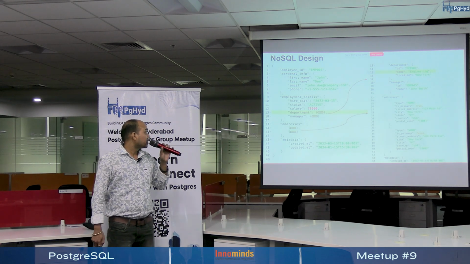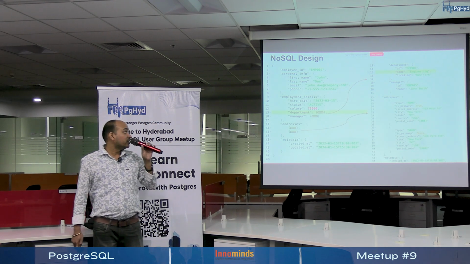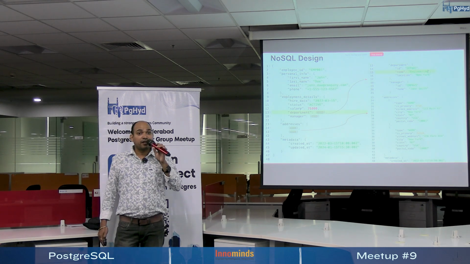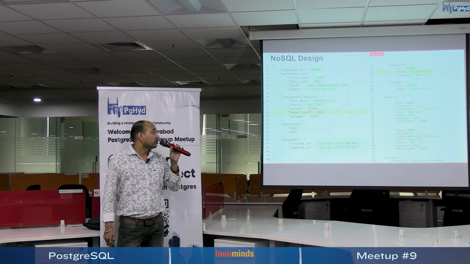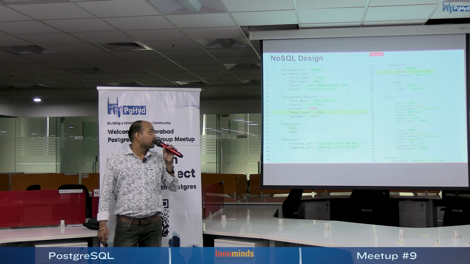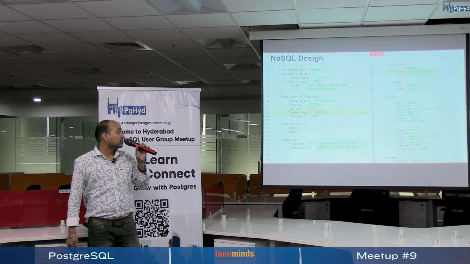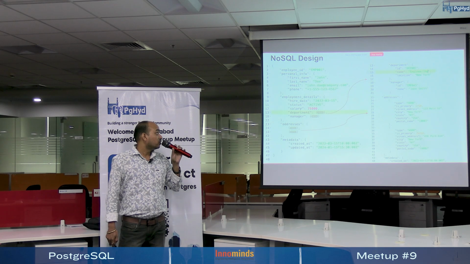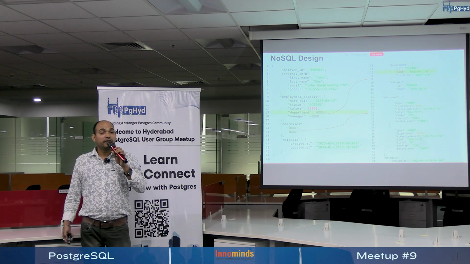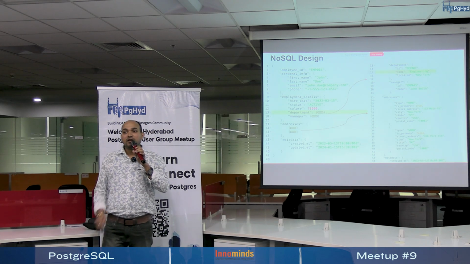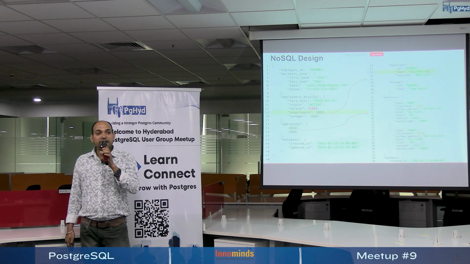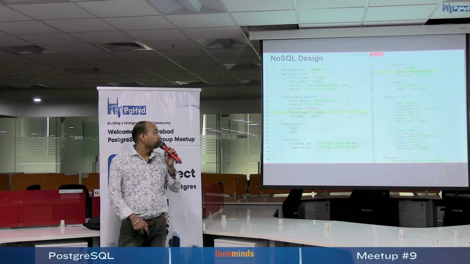If I expand the address, you'll see that address is an array of JSON, where you can store multiple addresses. Here you can see it stored the home address and the work address. So when you need to query the employee details, only one entity will give you all the details.